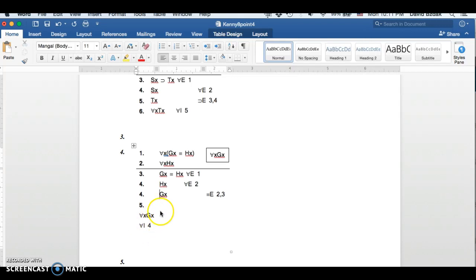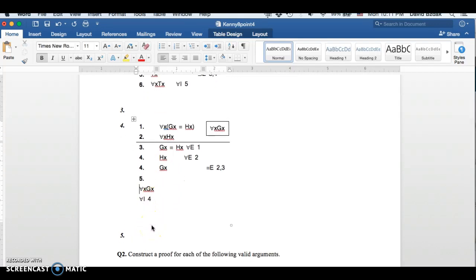I don't know why this isn't letting me write these things here, but line 5 is for all x gx, and we get that by universal introduction from line 4. So again, we leave the x's in to show any letter would work the same way. If we did A, if we did B, if we did C, that ends up proving that everything is a g. So for all x gx by universal introduction of 4.